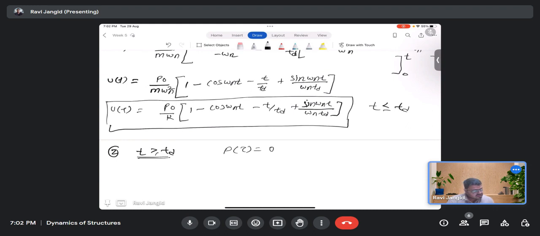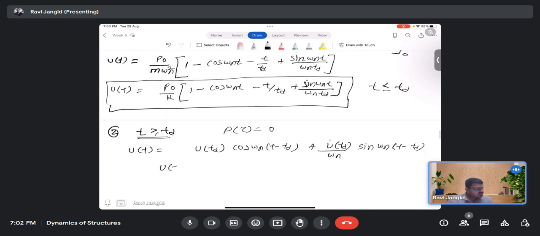So for this, u(t) would be u(td) cos omega n (t minus td) plus u dot (td) over omega n sine omega n (t minus td). So can you calculate u(td) and u dot (td)? In this equation, we need to put td. So please put td and find out those things.